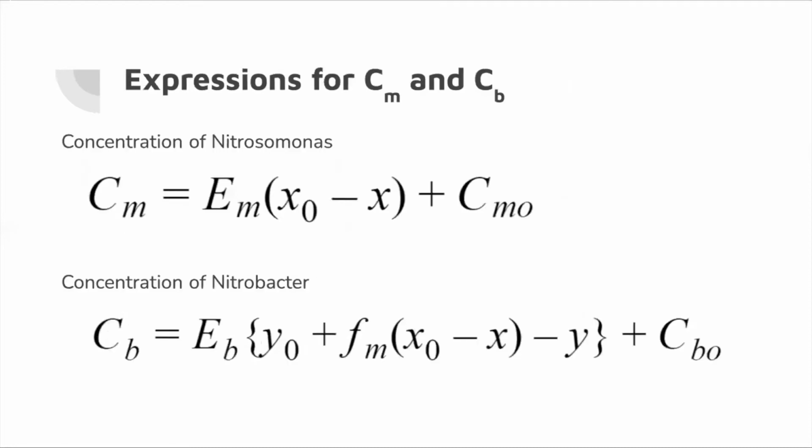The equations that model the concentration of each bacteria were solved as shown here for Nitrosomonas and Nitrobacter respectively. Lowercase x and lowercase y are the ammonia and nitrite concentrations mentioned previously. EM and EB are dry mass constants, and FM is the conversion factor from ammonia to nitrite, which is assumed to be 99%.